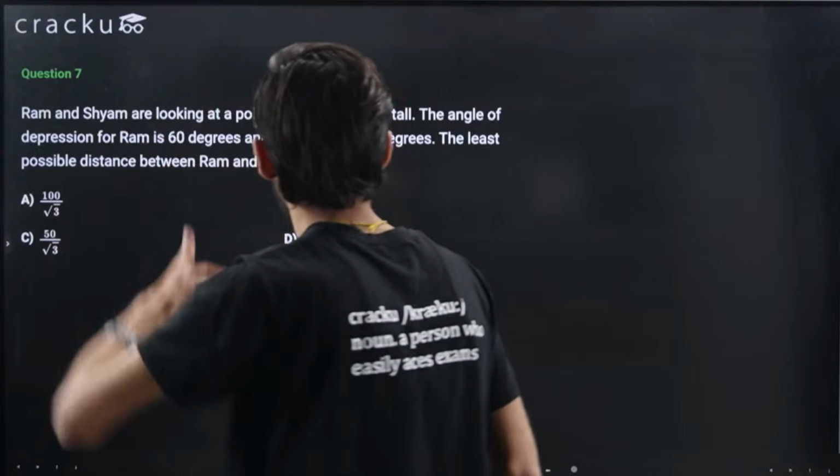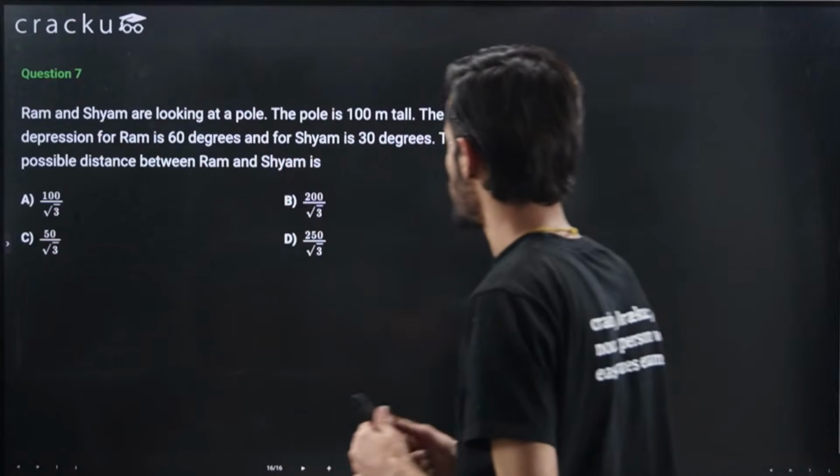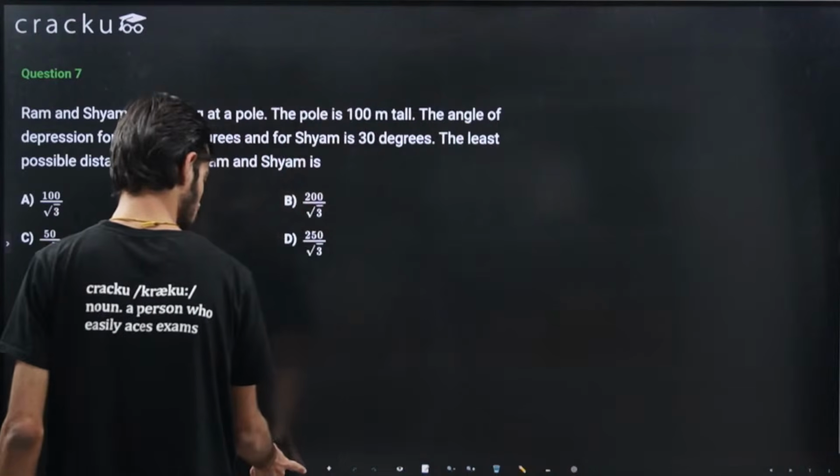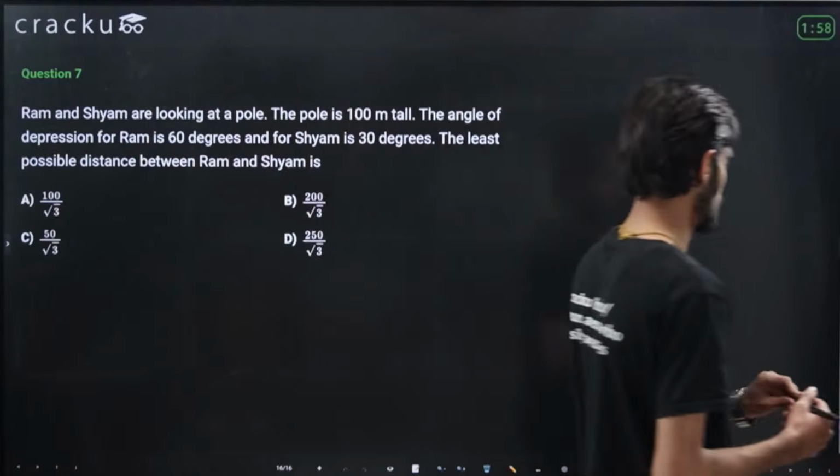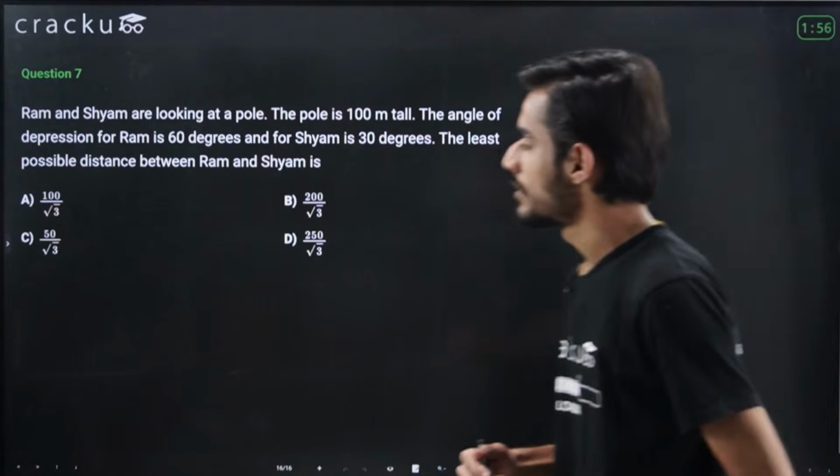So this question is again from heights and distance. Try this. You have 2 minutes for this question.